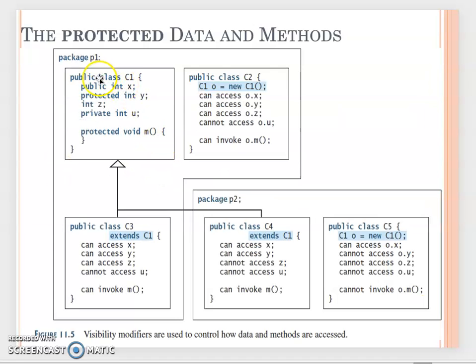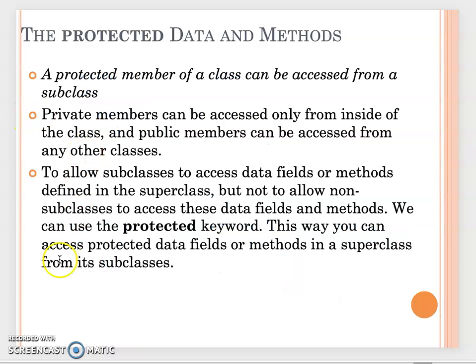See how we use the public keyword, protected keyword, default keyword, and the private keyword. We already talked about public, private, and default. Now after we add protected, a protected member of a class can be accessed from a subclass.